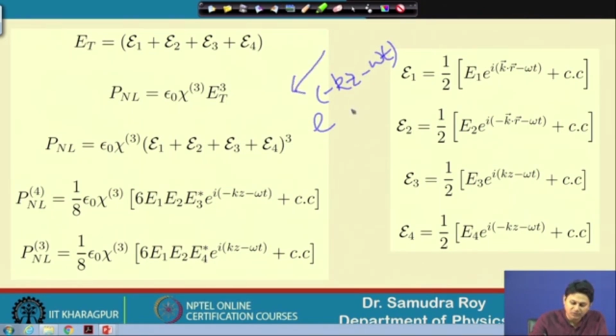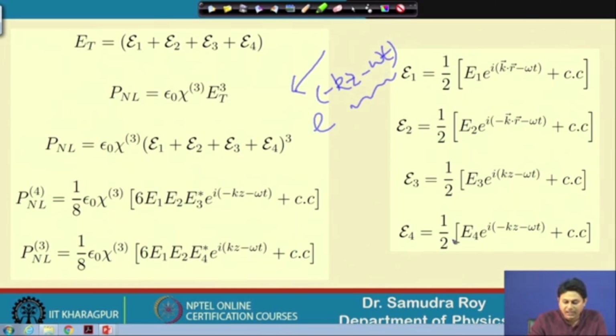So, the phase of these things is in this form. Obviously, the P nonlinear term should have this kind of phase, and that will be the source term of E4. So, the next question is how to form E4 by using E1, E2, E3.